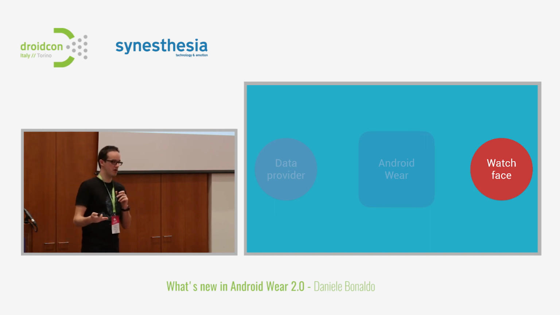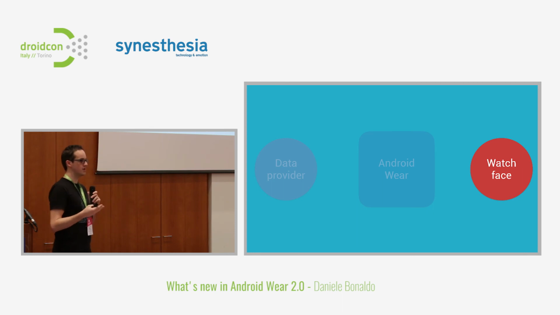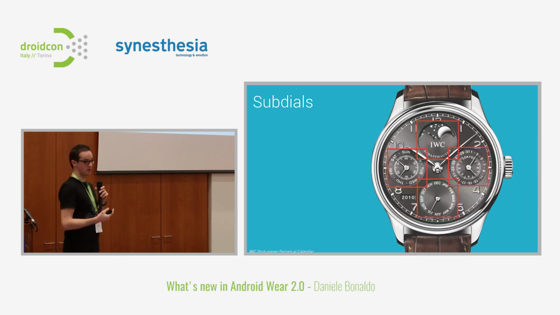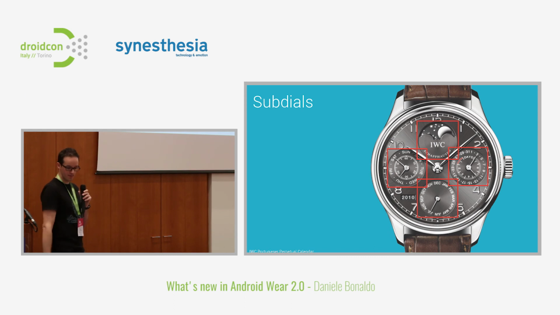Complications are, as I said before, additional information which is displayed on dials of watches. This information can be added using sub-dials, which are small sections of the dial used to display a single specific kind of information. Or it can be displayed using windows, as you can see in this case of a calendar.